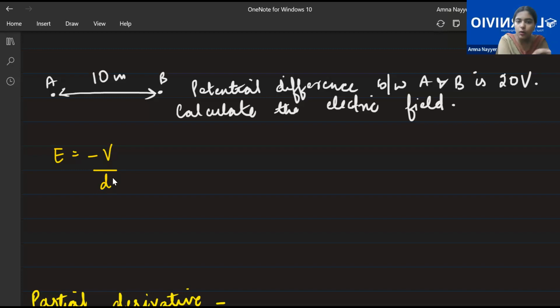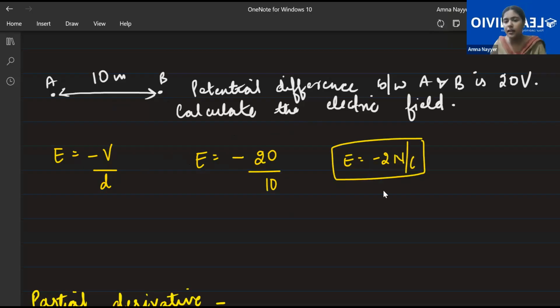In capacitance, we'll use this a lot. Electric field is minus potential difference by the distance. So we have to calculate the electric field. Electric field will be minus 20 over the distance between point A and point B, which is 10. So electric field is minus 2 Newton per coulomb. This is a very easy part compared to the rest. So is this clear to all of you?